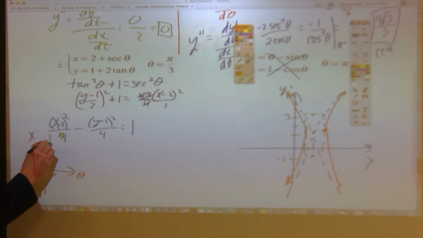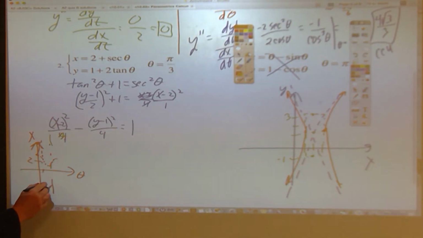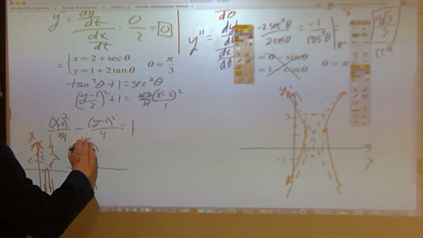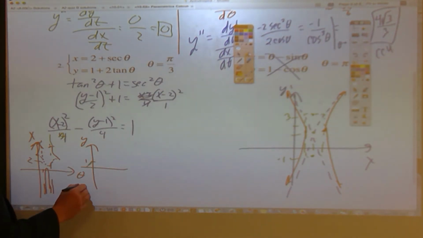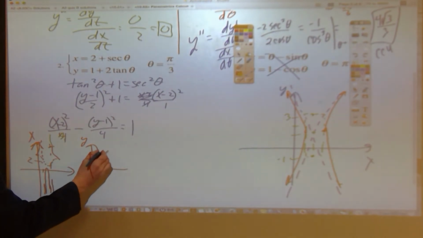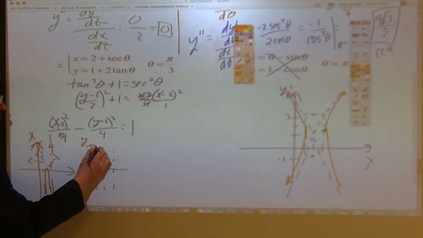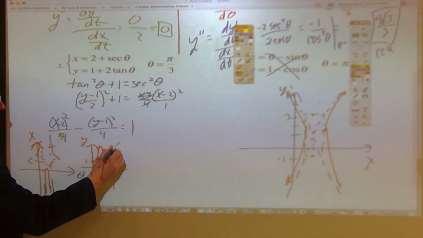So we've got a secant function that starts at 3 and goes up. So the y versus t graph is a tangent function that's been shifted up 1, and it has a vertical stretch factor of 2, but for our purposes, all we do is sketch the basic tangent graph.